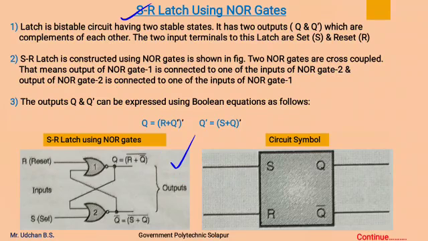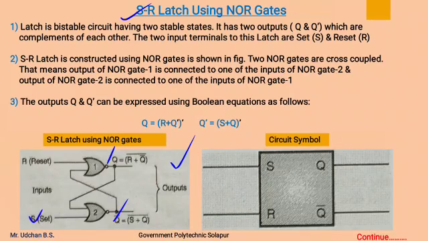This is the SR latch which is constructed using two NOR gates. This is a bistable circuit having two stable states. It has two outputs, Q and Q complement, which are complements of each other. The two input terminals to this latch are set and reset terminal.